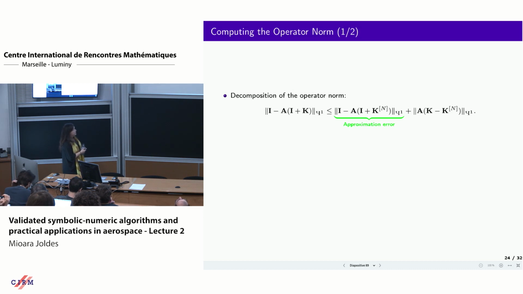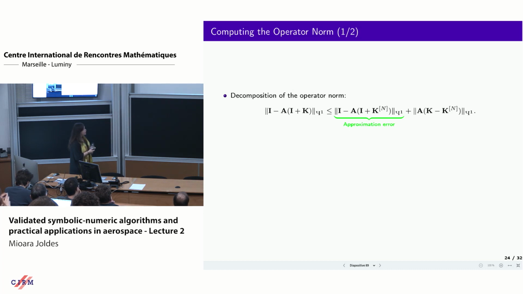And this will be finite dimensional because I plus K_n and A are finite dimensional. So this is nicer to bound. We can just use interval arithmetic or some better, cleverer bounds, but this is easier to do.